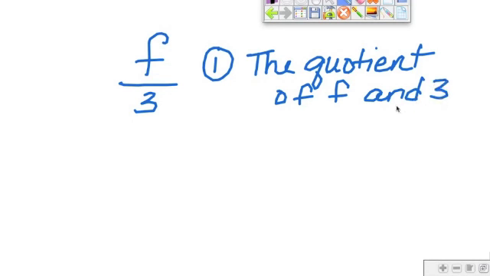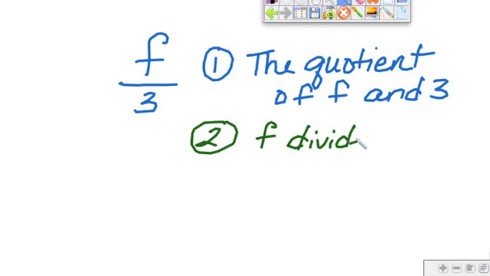And again, notice the order. Okay, you want to make sure you have them in the correct order. And of course, on this one, the most simplest way to say it would be f divided by 3. So that is academic language on this one. So it's okay if it does sound a little bit simple. Just make sure that you are trying to use some of the higher vocabulary in these as well.